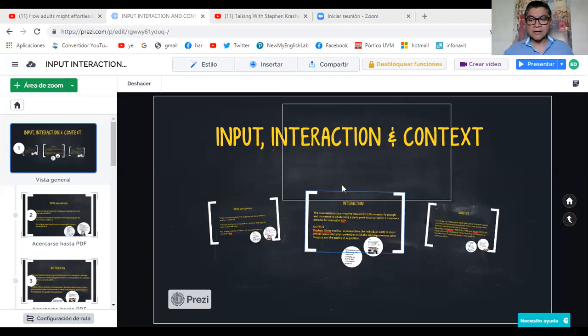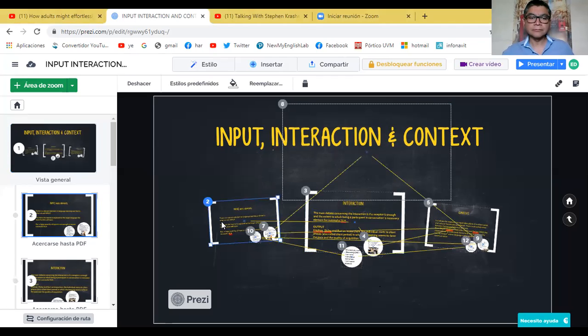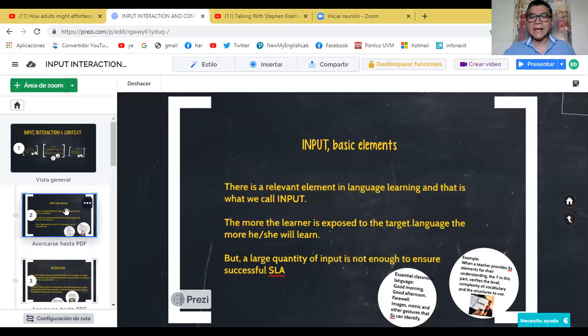Okay, in this case, what we have first is the following idea. Input, interaction, and context. Okay, input, basic elements.